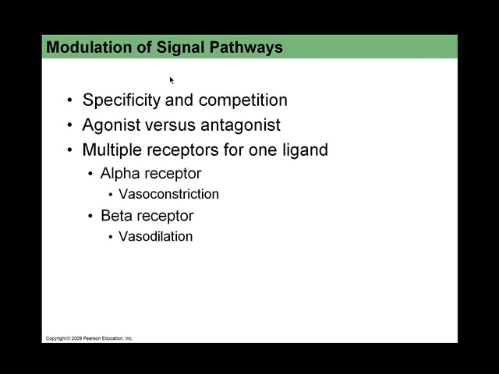Let's then begin to think about regulatory mechanisms in the context of homeostasis, and the first thing we think about is modulation. So I've been throwing this term around, and let's think about it a little more directly.